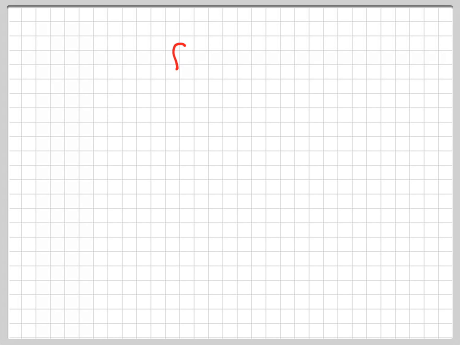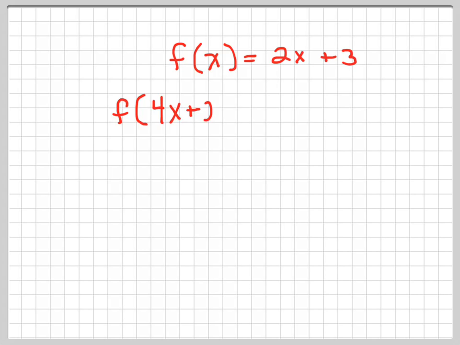And we can even get fancy with this notation. Here's another function, f of x equals 2x plus 3. And let's say instead of plugging in a number for x, I want to plug in a variable or an expression. I want f of 4x plus 2. Well, I do the same thing I did before. I go up to function f and I go 2, and I replace the x with what I'm trying to evaluate it at.